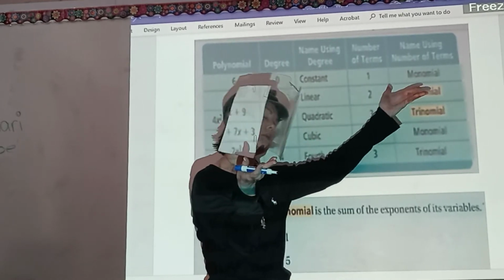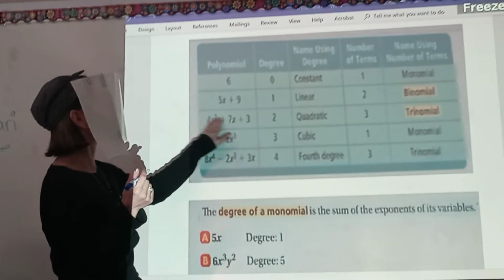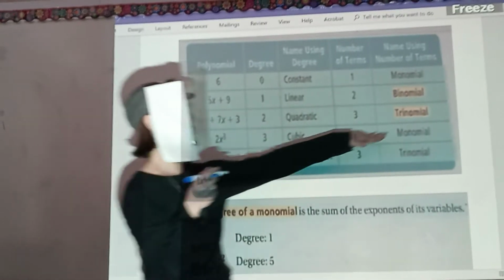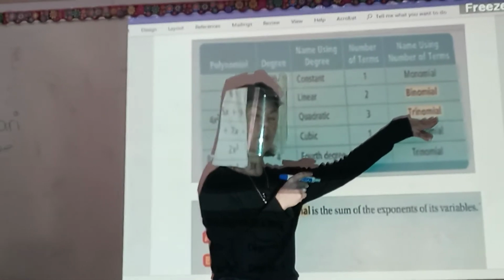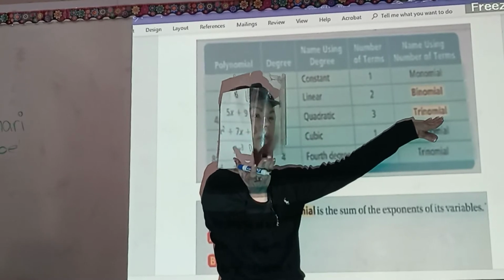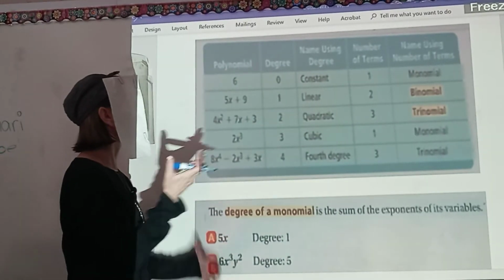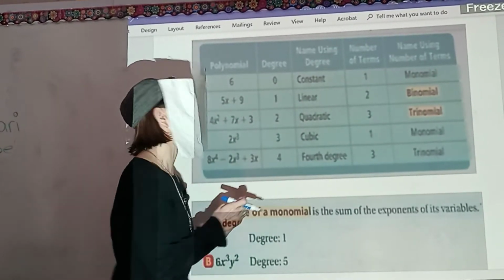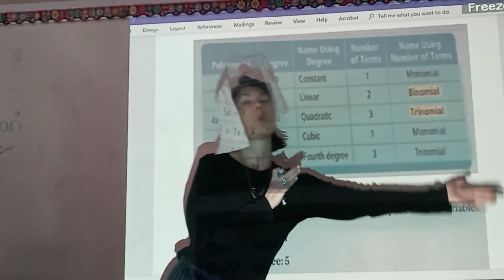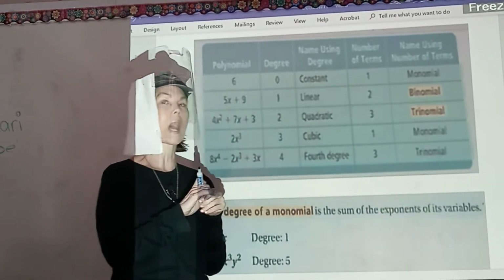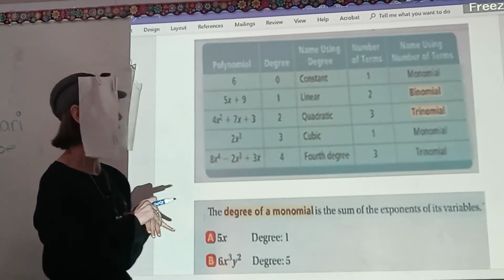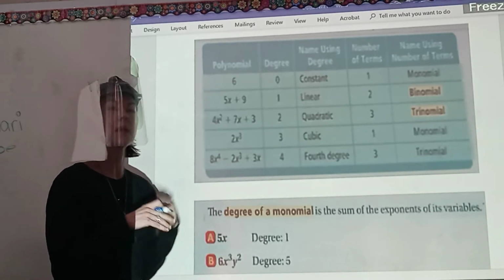And then we have 3 terms here, which is called a trinomial. Tri means 3. And anything above and beyond, like 4 or more terms, would be called a polynomial. Poly means many.